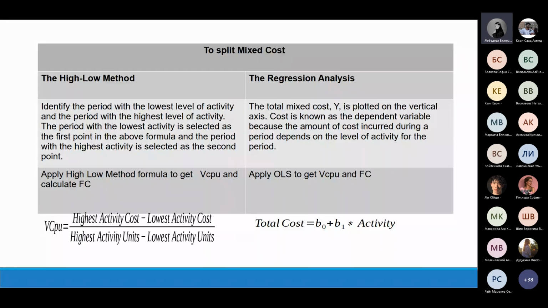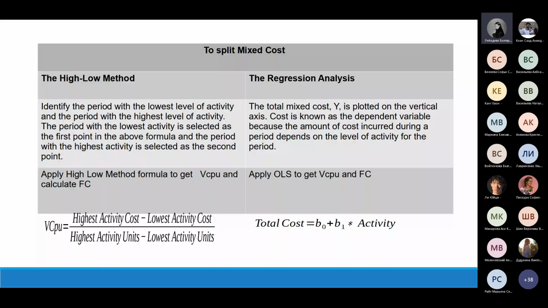If we have only several measurements, for example, an annual bill where only quarterly data are presented, we can use the highest and lowest activities to evaluate the part of mixed cost associated with variable cost per unit.